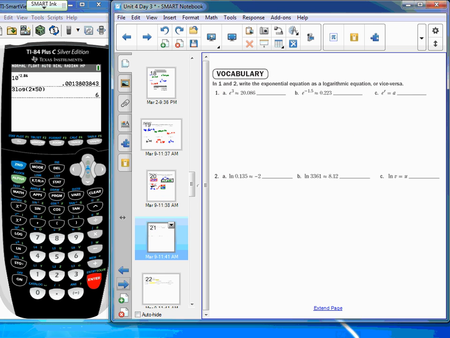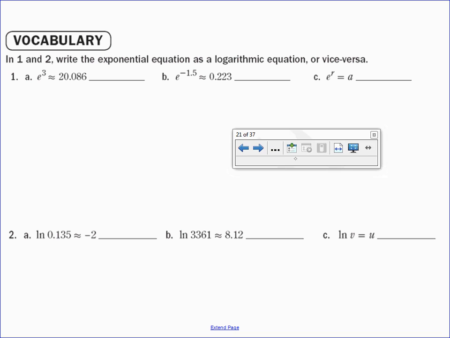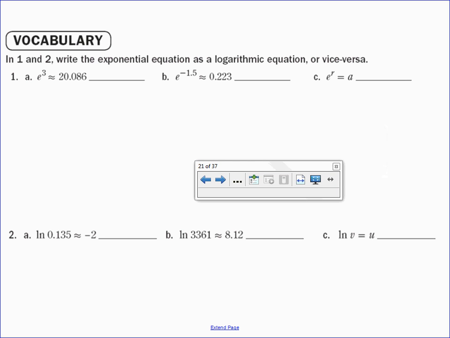Alright, I know your sheet is small, but these are just like the earlier common logs, but now with natural logs. So my base e, right, and an exponential corresponds to a logarithmic statement with base e, and we just write ln. So this would be ln of input equals exponent. So ln of 20.086 is about 3.